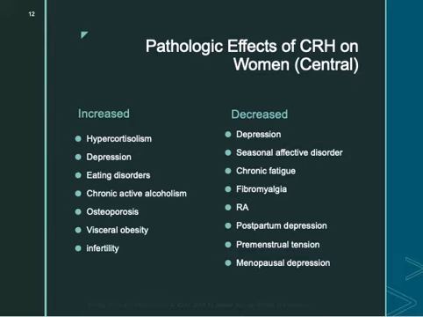And if you have a decrease, they can also have a risk for depression as well. But it's been linked with things like chronic fatigue, fibromyalgia, rheumatoid arthritis, postpartum depression, premenstrual tension, and menopausal depression. So they are linked, whether it's increased or decreased, to a lot of underlying disease states in women.